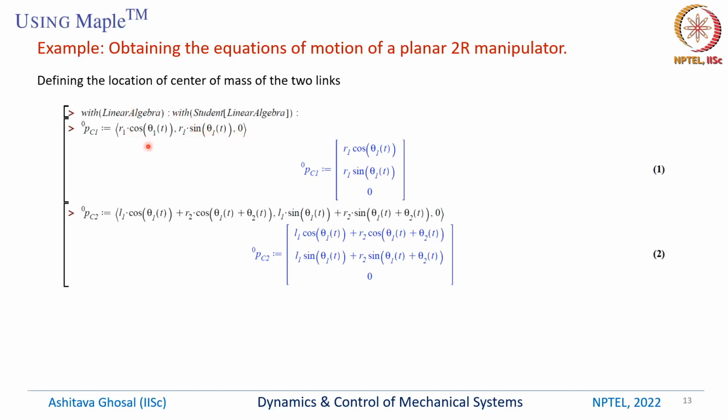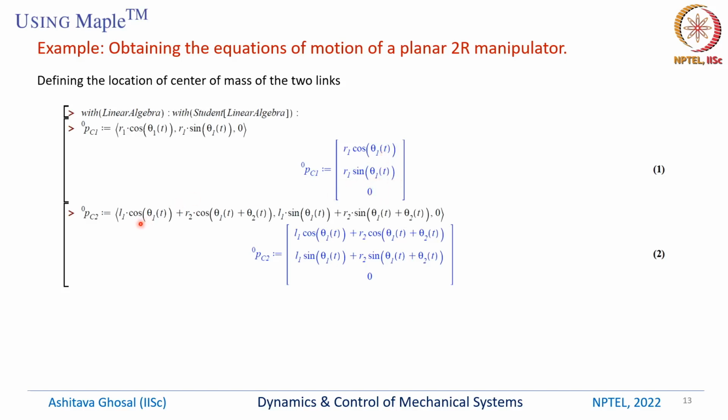We have to say explicitly that theta 1 is a function of time, because later on we will take the derivatives. As soon as you type this, since you are not suppressing the output, you will get this vector: 0PC1 is given by r1 cos theta 1(t), r1 sin theta 1(t), and the z component is 0.